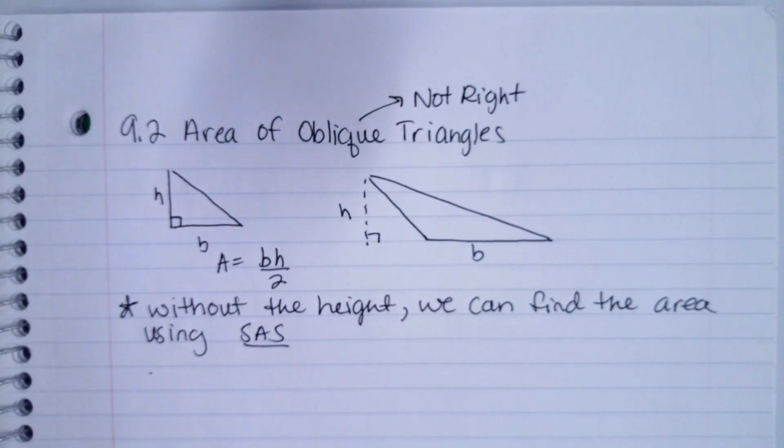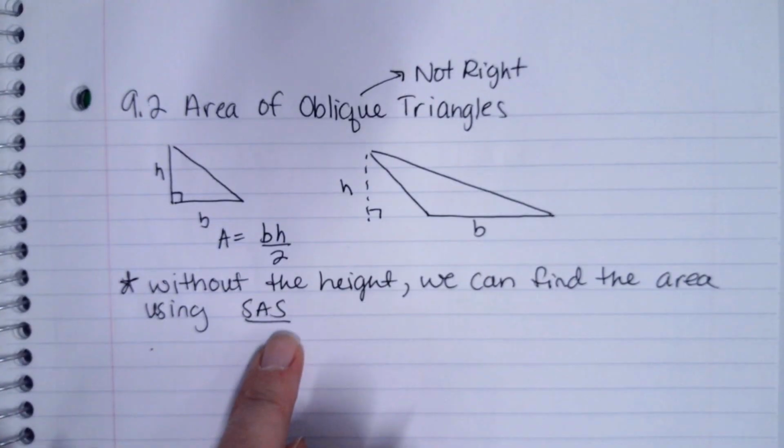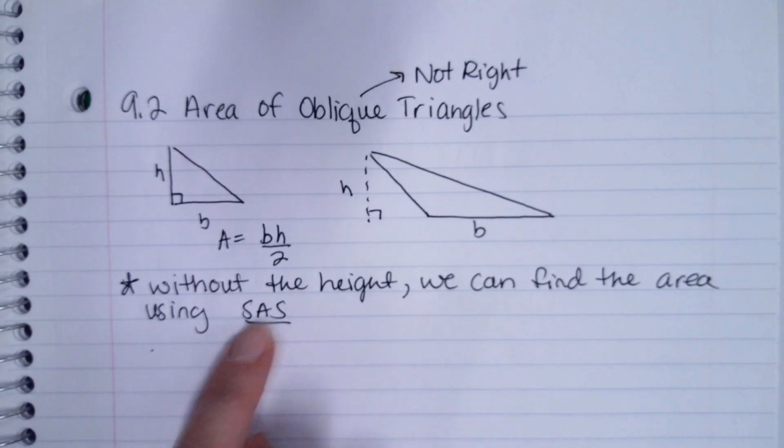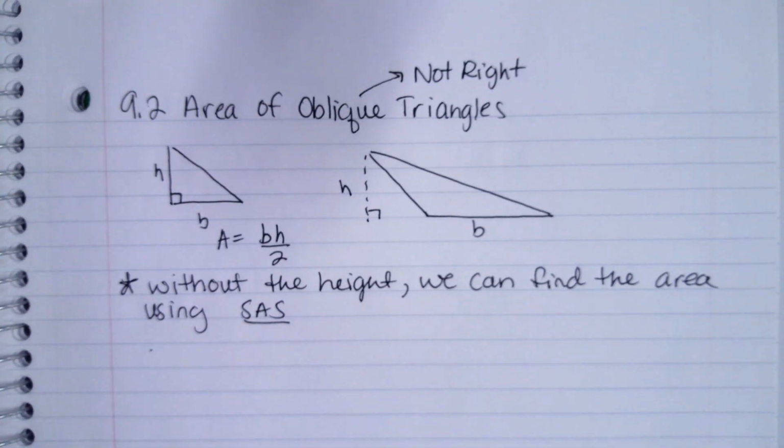Side angle side basically means that we have two sides and the included angle. The order matters, like we know it did when we were using this as a congruency theorem and as we were using this for similarity to prove those two things.